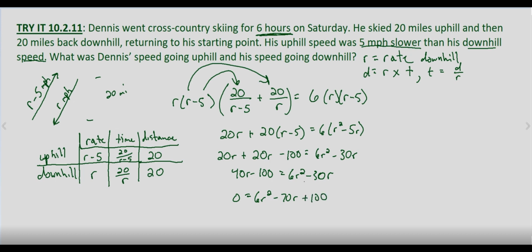So if you notice, we have some common factors in here. So we will go ahead and factor out a 2. 6 divided by 2 is 3r squared, minus 70 divided by 2 is 35r, and then plus 100 divided by 2 is 50.